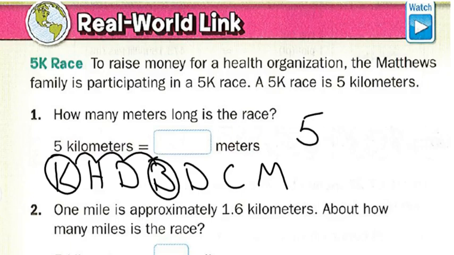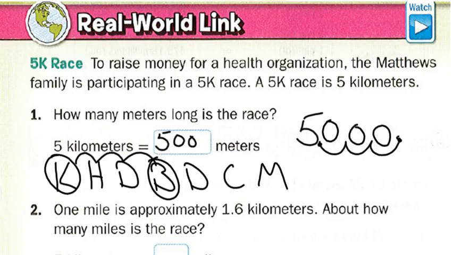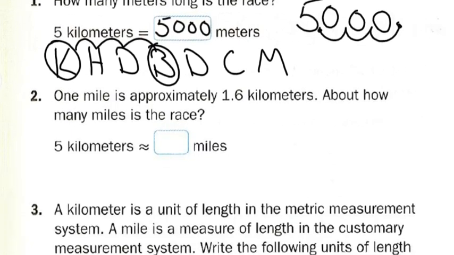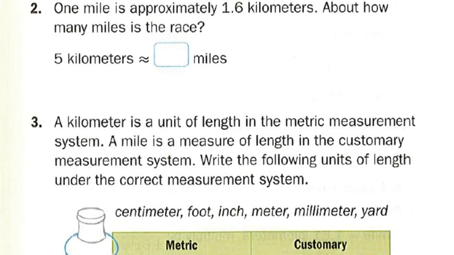So I'm just going to take my 5 kilometers, find my decimal point, move that decimal 1, 2, 3 units to the right. I can fill in zeros there. So I know that 5 kilometers is 5,000 meters. Which is pretty simple enough. Like we said, that's a really cool and easy way to convert your metric units from one measurement to another.